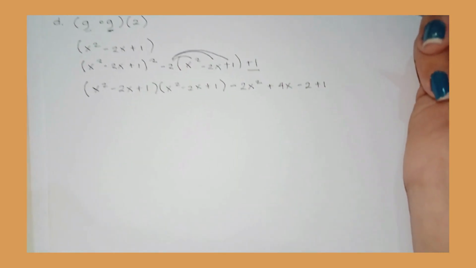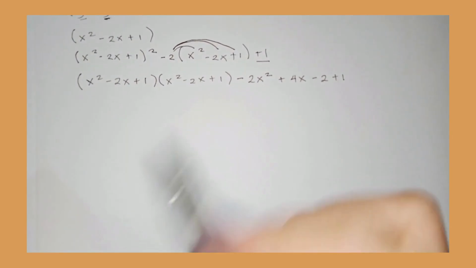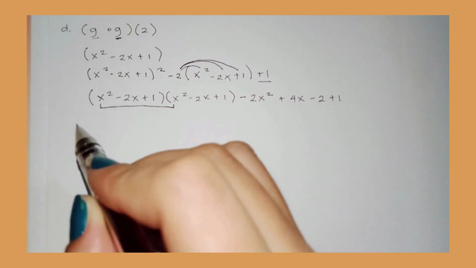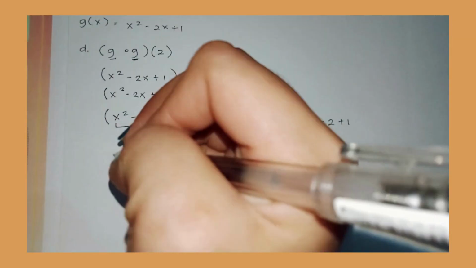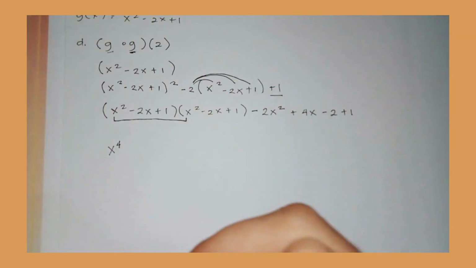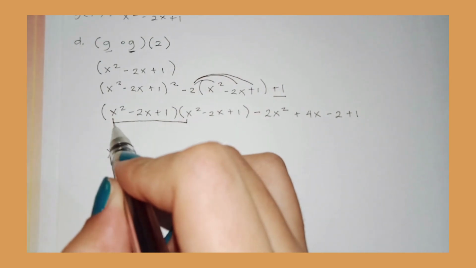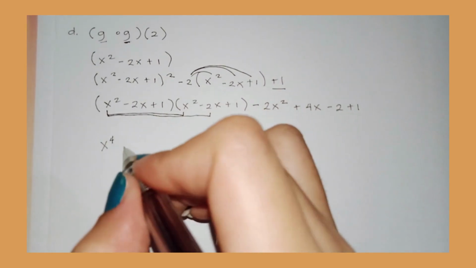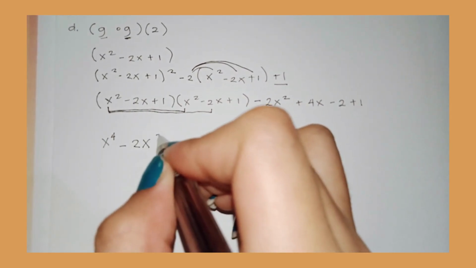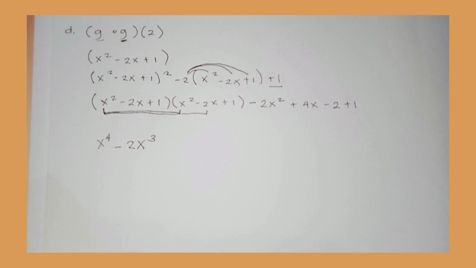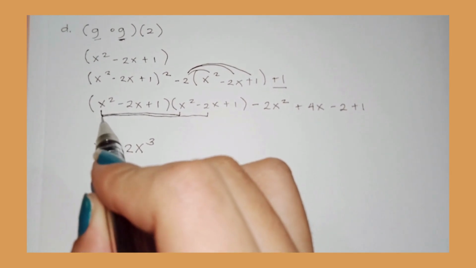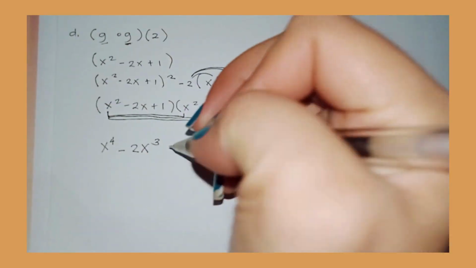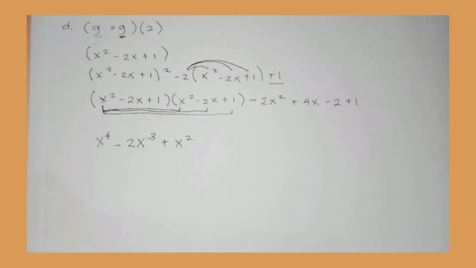Next na gagawin, tignan natin yung naka-parenthesis. Kapag naka-parenthesis, meaning we need to multiply them. X squared times x squared is x raised to 4. Next, x squared multiply to negative 2x, that is negative 2x cubed. Again, multiply ulit natin. X squared multiply to positive 1, that is positive x squared.